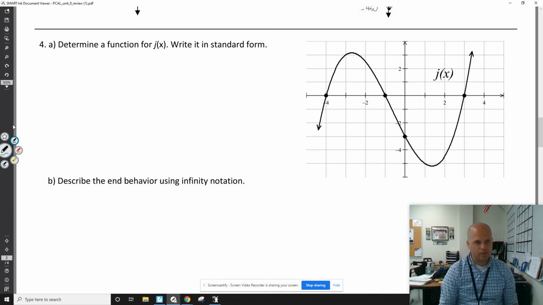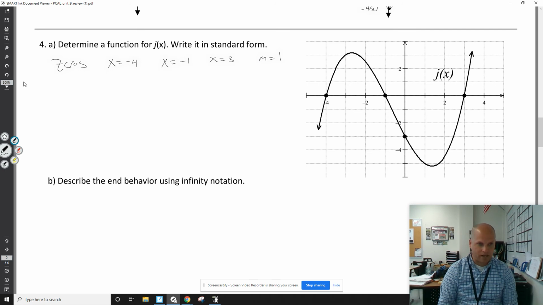All right, here is a situation where I'm going to be able to find the specific function that gives us j. We are going to assume that all of these zeros, x equals -4, x equals -1, and x equals 3, have a multiplicity of 1. Okay?